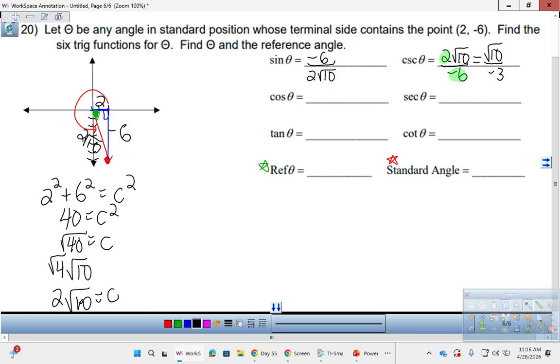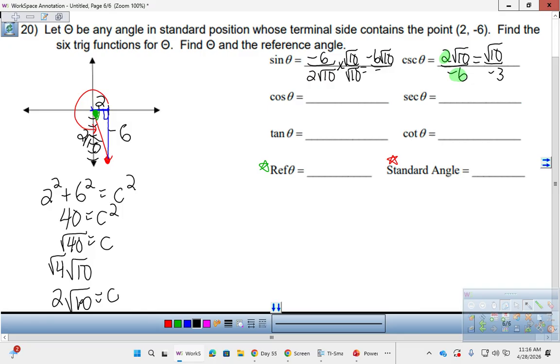And then for the sine, I'm going to rationalize. I can't have that root 10 in the bottom. So I'm just rationalizing it out. What does the bottom become when I do 2 root 10 times root 10? 20. It's 2 times root 100, which is 2 times 10.